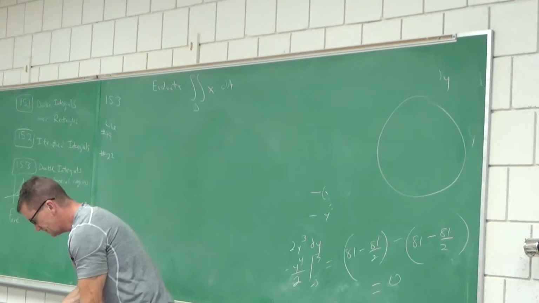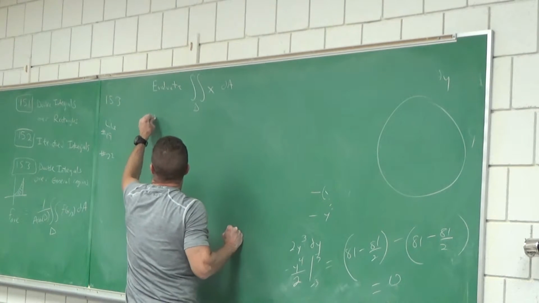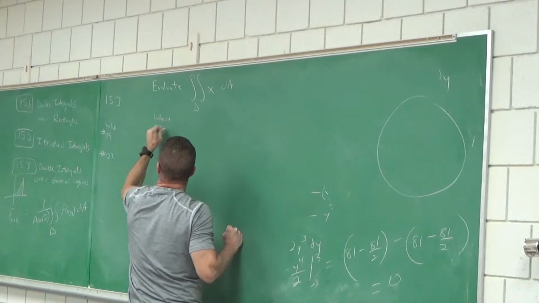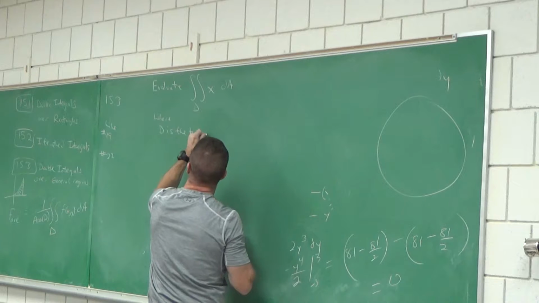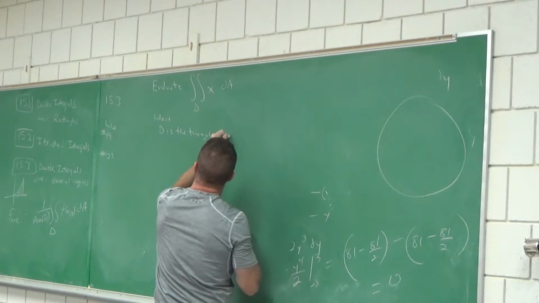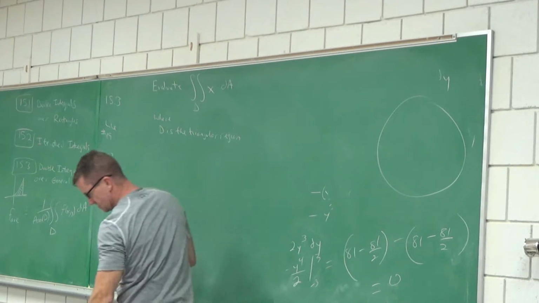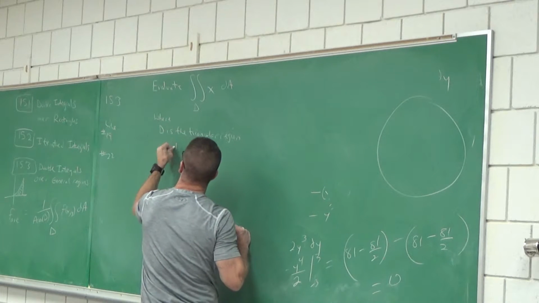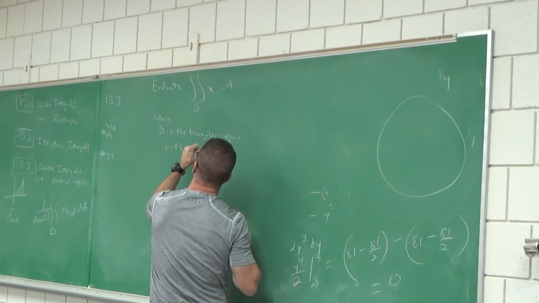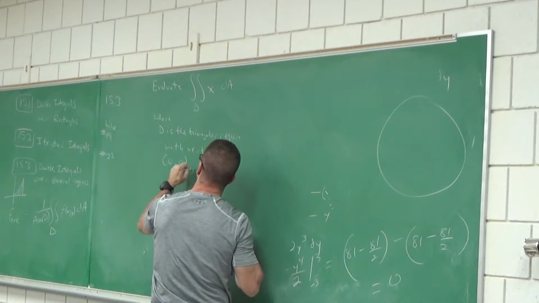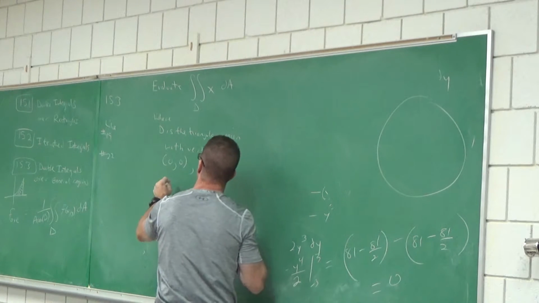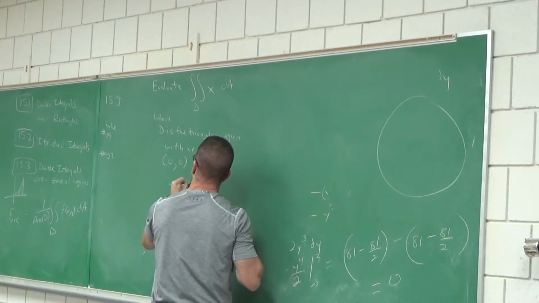Where D is the triangular region with vertices 0, 0, 2, 2, and 4, 0.